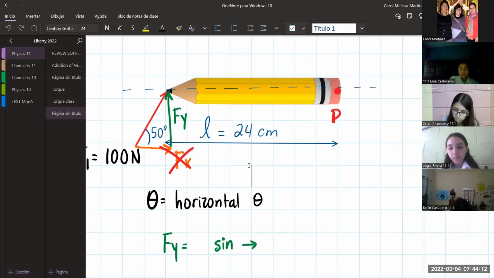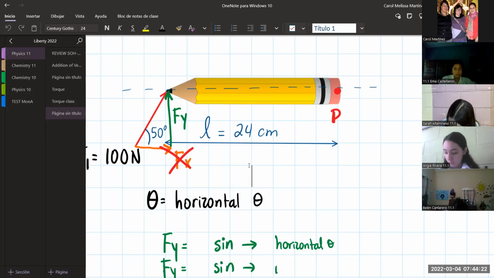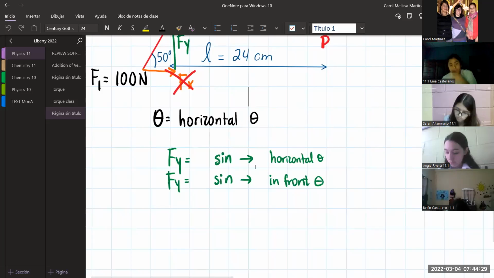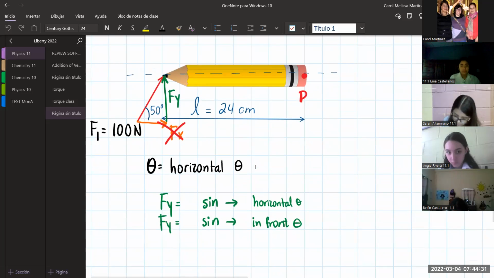Two reasons to believe that Fy needs to be calculated by using sine.